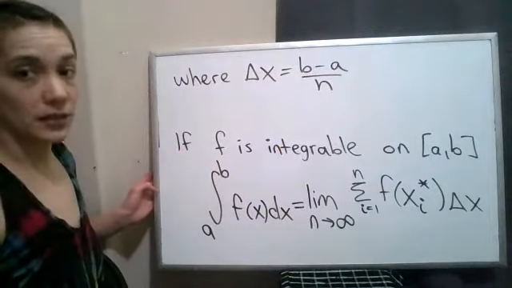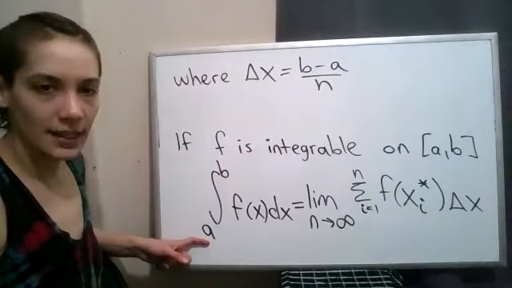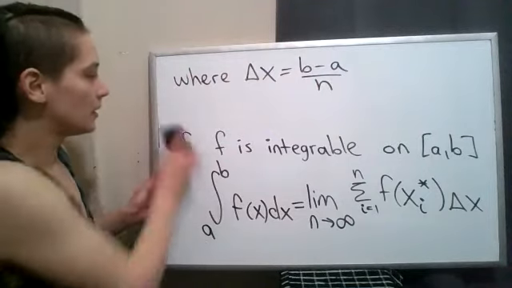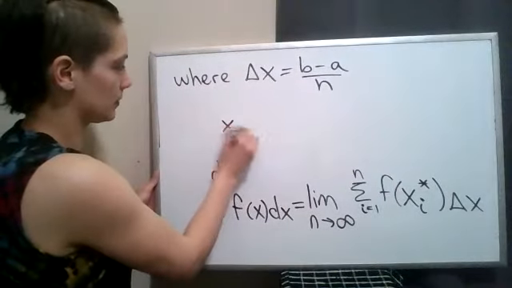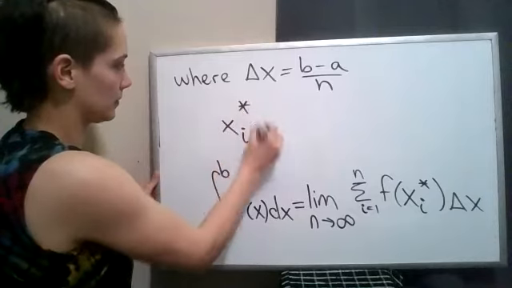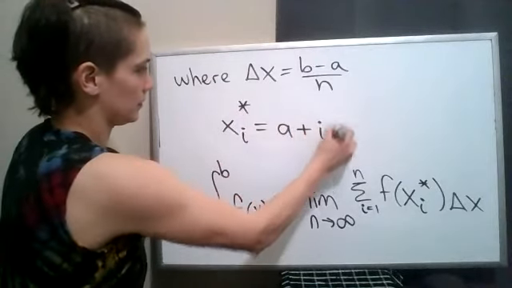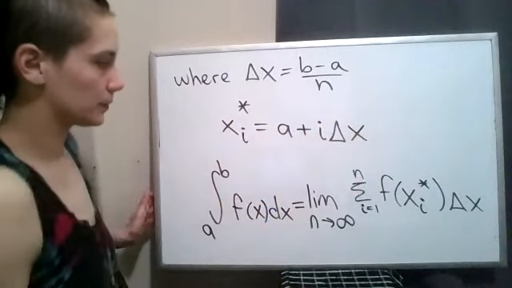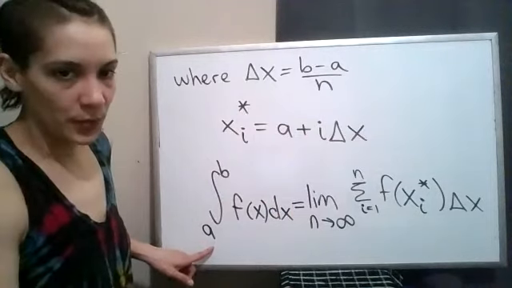And your x sub i star is going to be the place you start, a, and add i times delta x. Okay, so we should have seen this before.